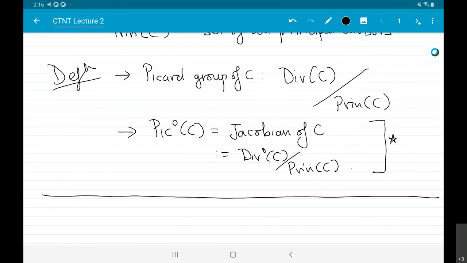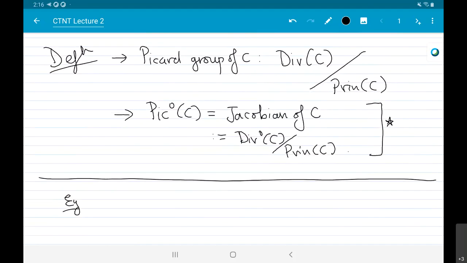Any questions about this so far? Okay. Here are some examples of what Pic 0 looks like. If you look at the Picard group of C, this is all the divisors mod the principal divisors.